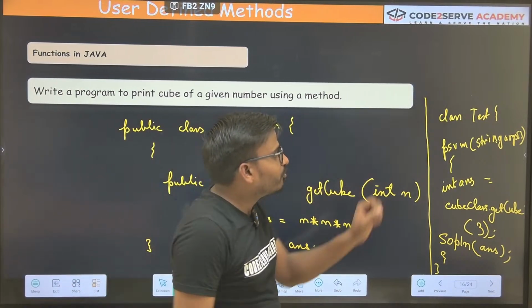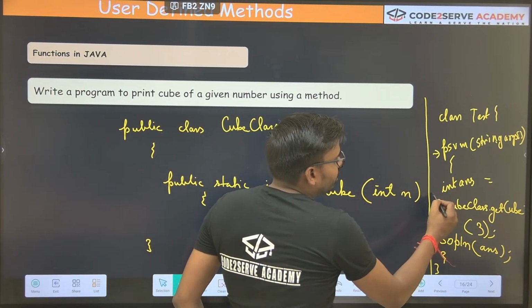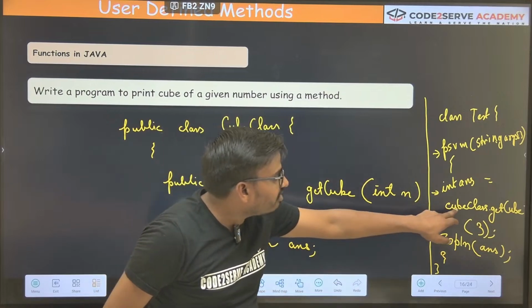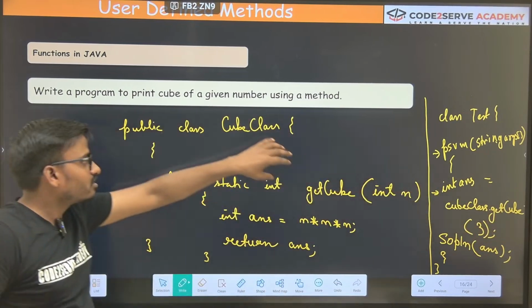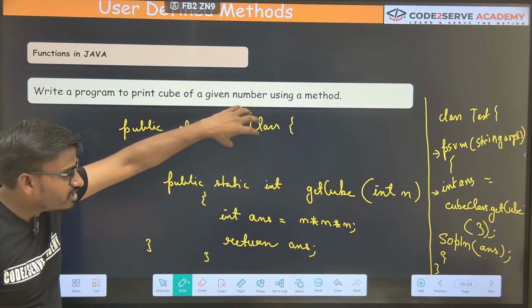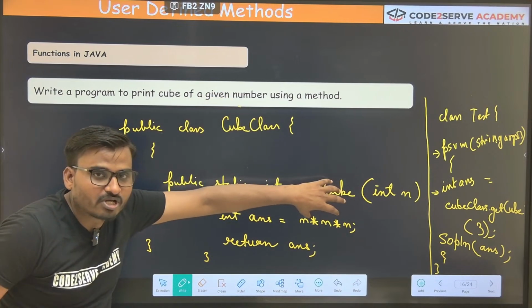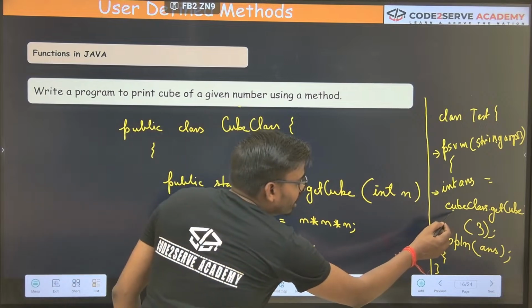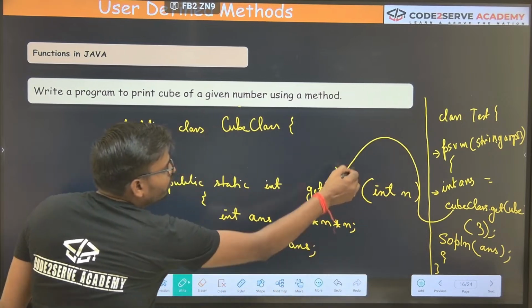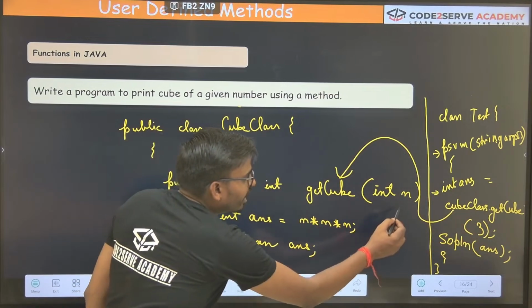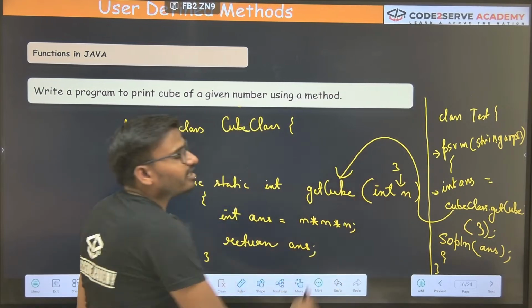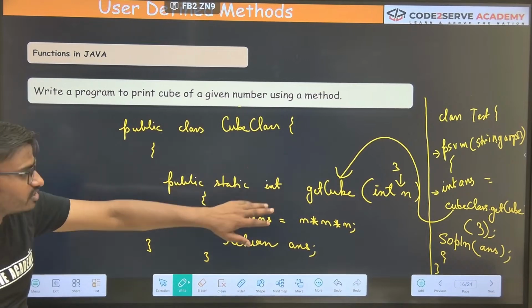First control will come to the main method, then it will come here, and first this will get called, Cube class dot getCube. That means inside this class this getCube will be called. So control from here will come to here. What are we passing? 3. So in n, 3 will get initialized.